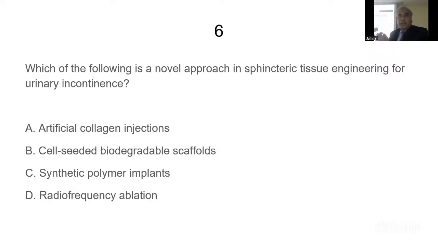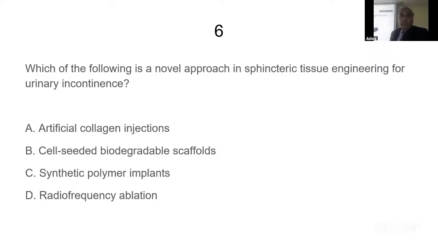So injecting them in the periurethral region of patients with stress urinary incontinence can help to regenerate the external sphincteric tissue, or even bulking them. So it acts as both a bulking agent and regeneration of tissue. So stem cells have been used. There have been human studies also.